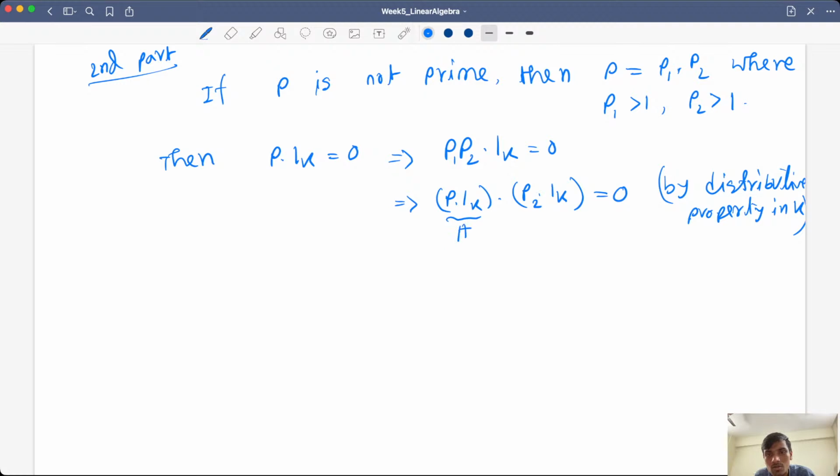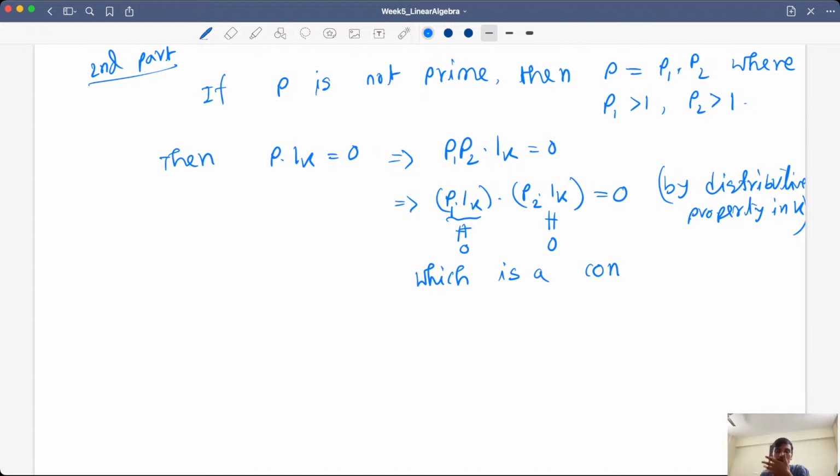This thing is also non-zero because P1 and P2 are less than P, and by our choice P is the least positive element such that P·1_K equal to 0. So both P1·1_K and P2·1_K are non-zero, but their product is 0. That is a contradiction, because in a field there is no zero divisor, but here you get a zero divisor.